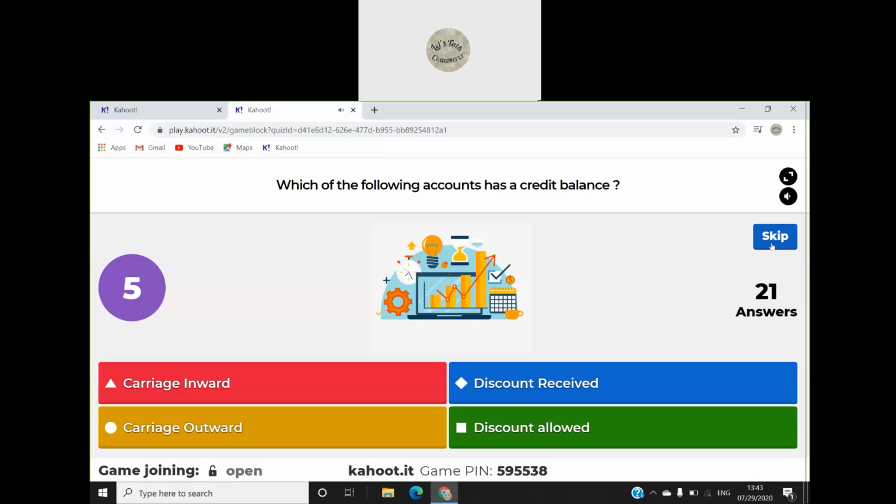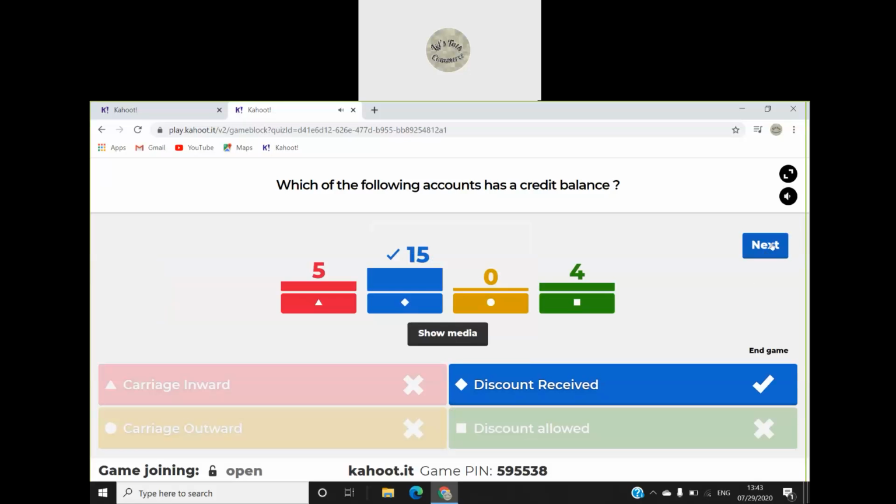Seven, 6, 5, 4, 3, 2, 1, 0. Okay. So all other things are expenses and losses. So they have debit balance. Only discount received is a gain for us. So that has credit balance.